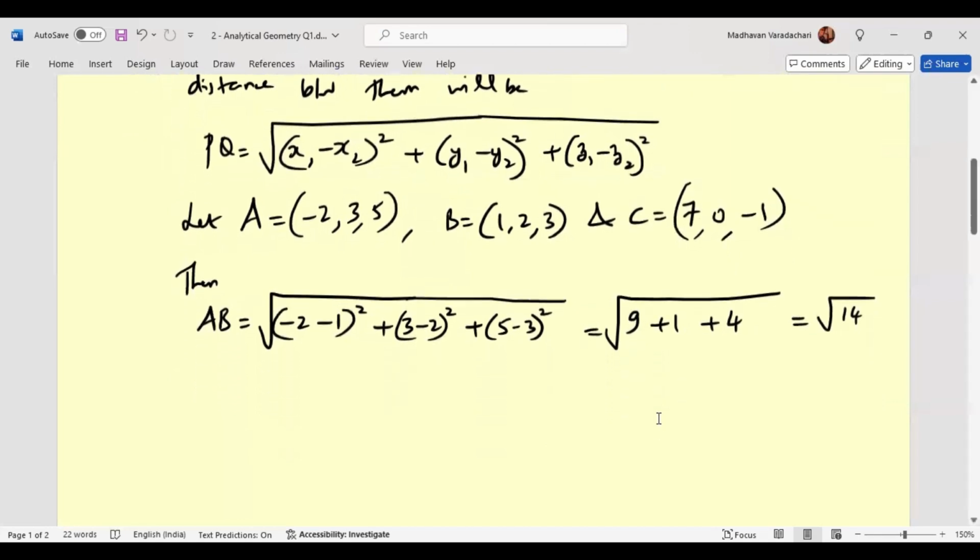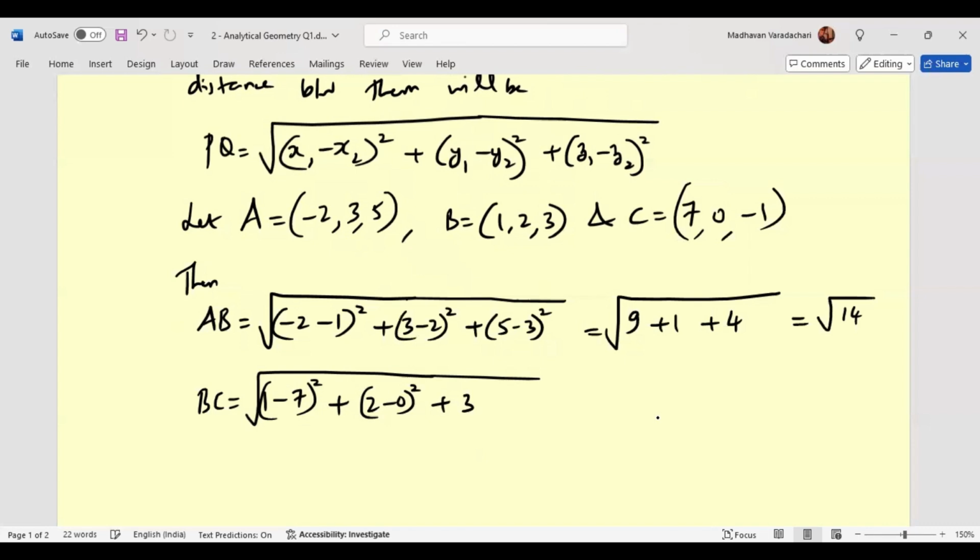Now let us find out what is BC. It will be (1 minus 7) the whole square plus (2 minus 0) the whole square plus (3 minus (-1)) the whole square. It becomes 3 plus 1 the square. (-6) square is 36, 2 square is 4, 4 square is 16.